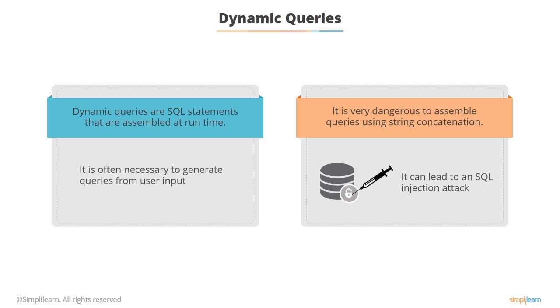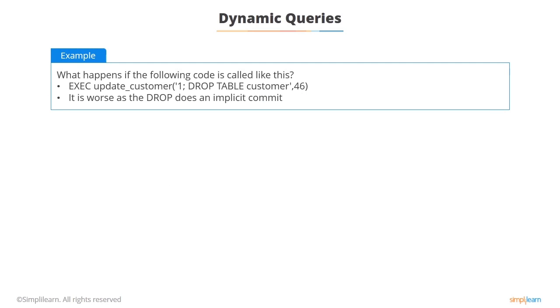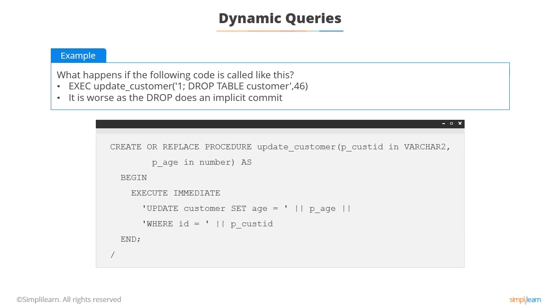So in this example code here, we're passing in a customer ID as a string, and say that comes from a form on a web page or some other source of information which is user controlled. If we replace the actual call to that update customer procedure with that code in there, what it does is the quote one just terminates the open quote and adds the one to it.